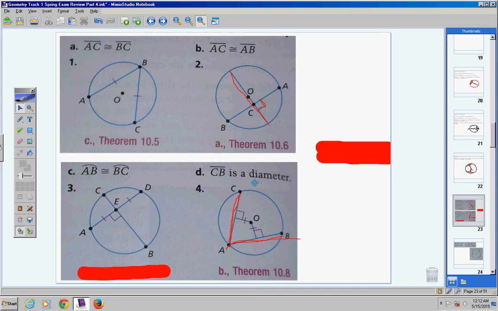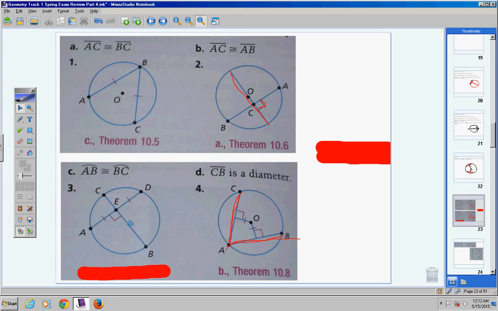And then lastly, letter D. CB is a diameter. We know CB is a diameter because it's perpendicular, and it cuts this chord in half.